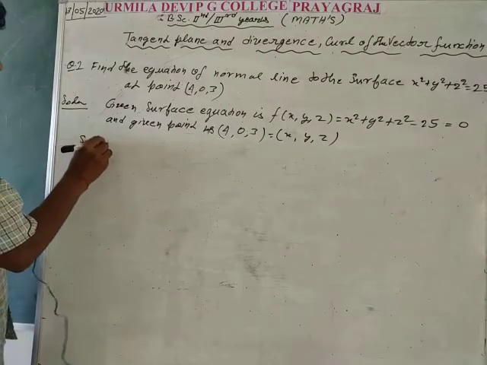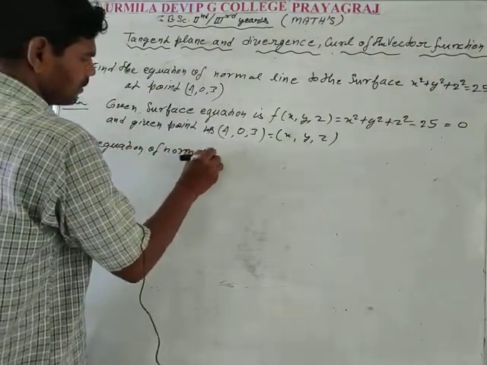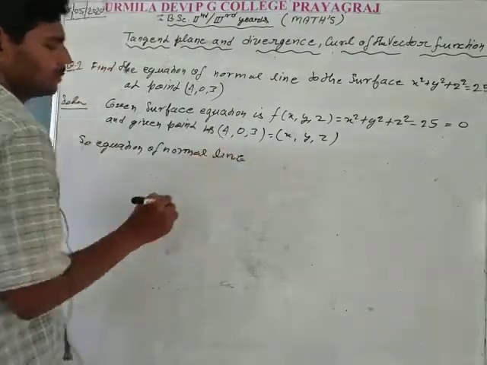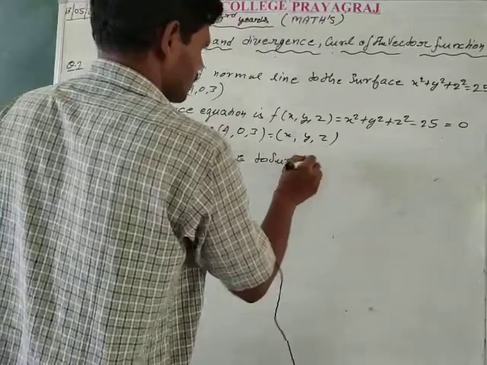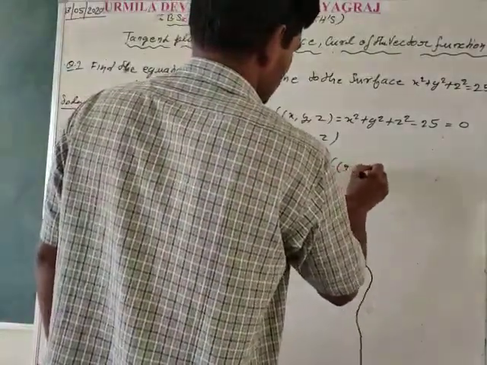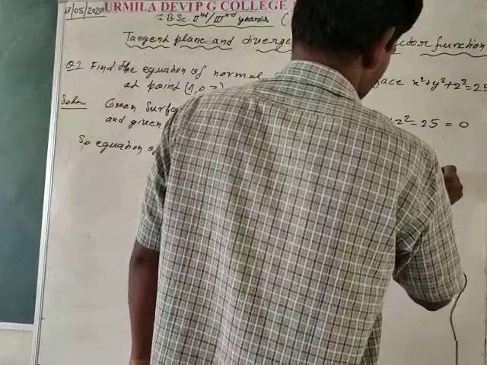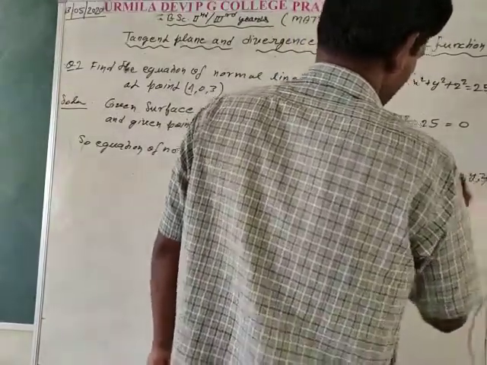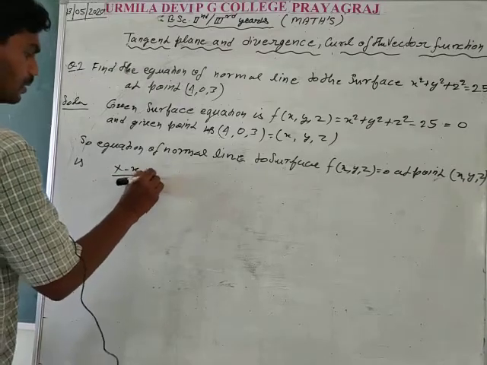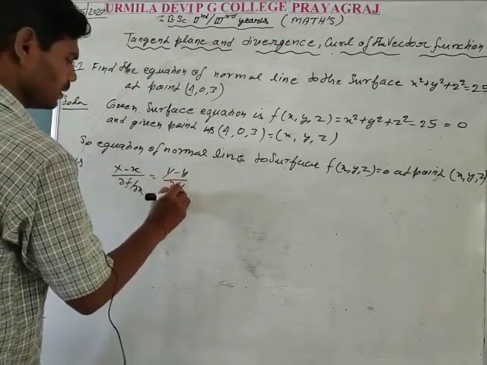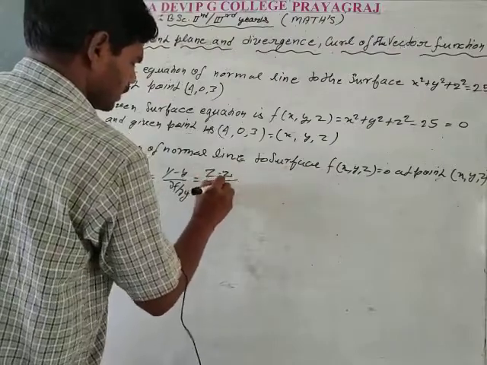So the equation of the normal line to the surface F(x, y, z) equal to 0 at point x, y, z is: capital X minus x by del F by del x, equal to capital Y minus y by del F by del y, is equal to capital Z minus z by del F by del z.